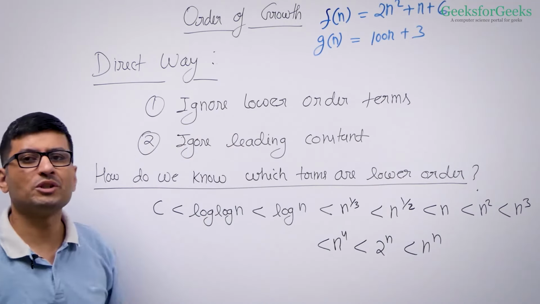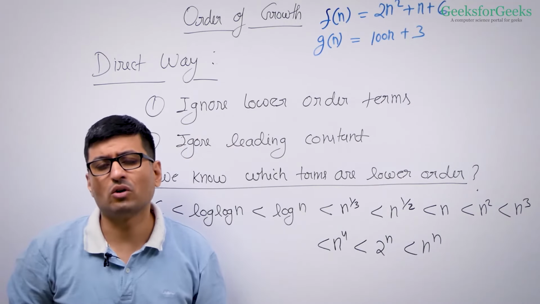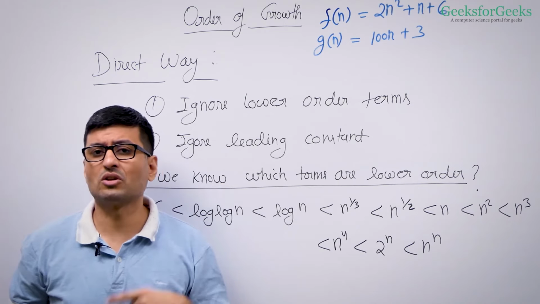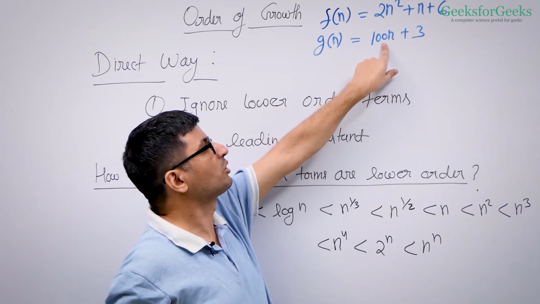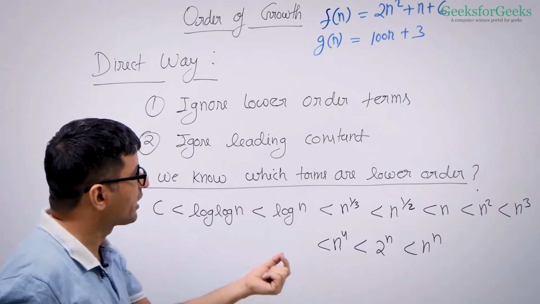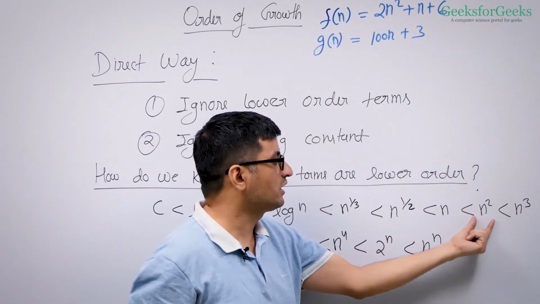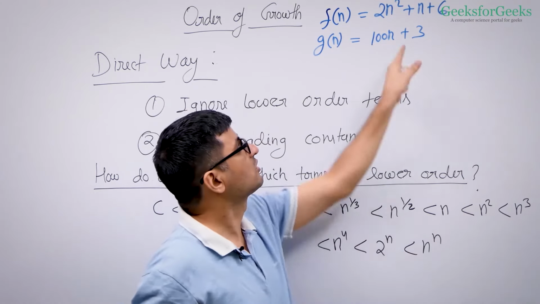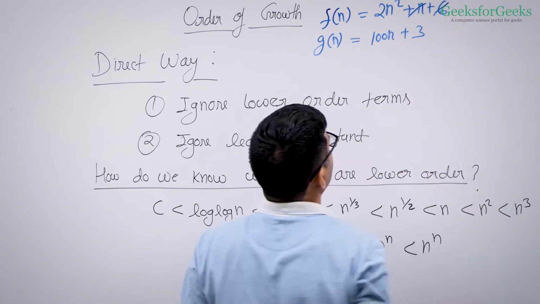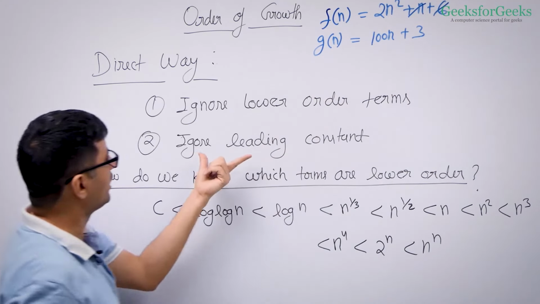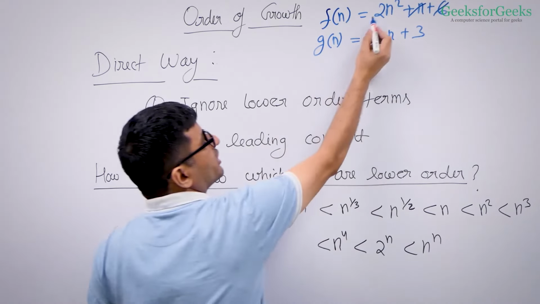Now how do you decide which one is better or which one is growing faster? You ignore the lower order terms of both the functions. So from here you can see n square is the higher order term. So you can ignore n here, right? You can ignore 6 here. And you can ignore the leading constant too.